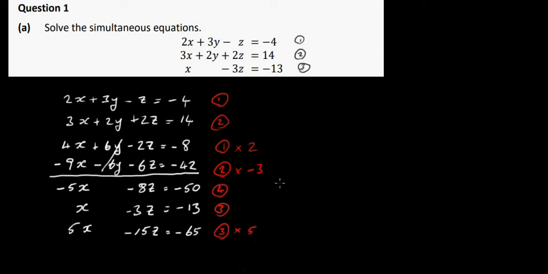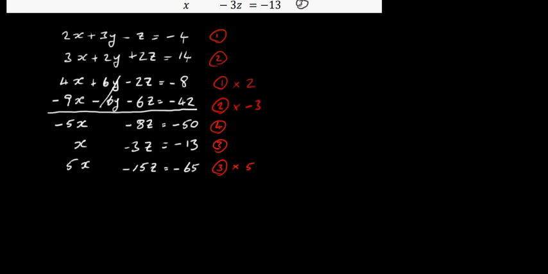Okay, so now let's put in our other equation. I'm going to put in equation 4 underneath it. That was minus 5x minus 8z, and we had a minus 50 as well. This is equation number 4.